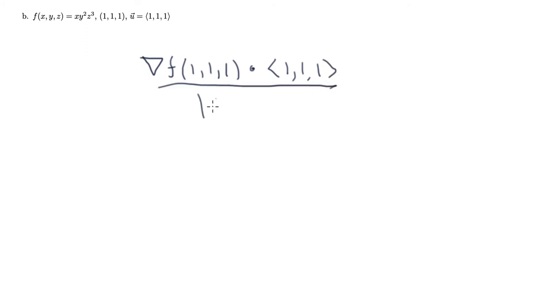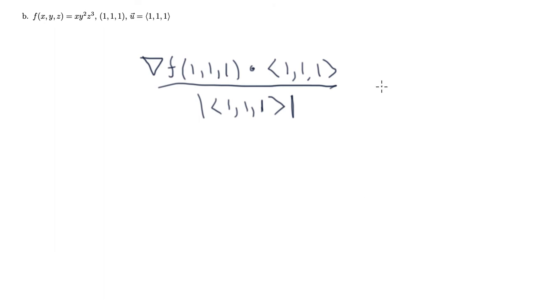So just writing that down symbolically, we want to take the gradient evaluated at the point (1, 1, 1), and then take that scalar projection, or how much of the gradient lies in the direction of this vector (1, 1, 1), divided by the length of this vector (1, 1, 1). So again, this is the scalar projection of the gradient at this point onto the vector (1, 1, 1).